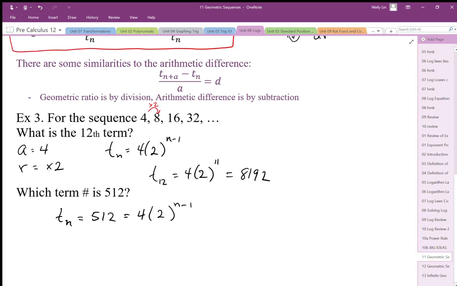So I'm going to start by dividing here, so I'm going to get rid of that 4. 512 divided by 4 is going to be 128, if I'm not mistaken, equals 2^(n-1), and then I'm going to use log.